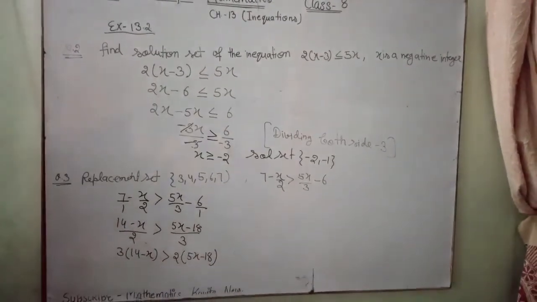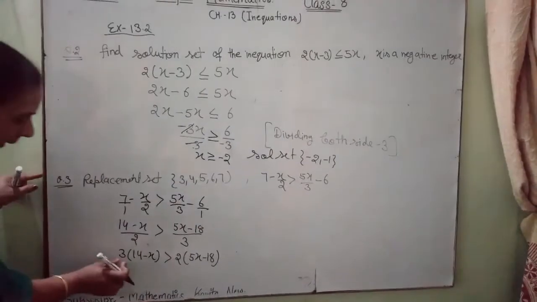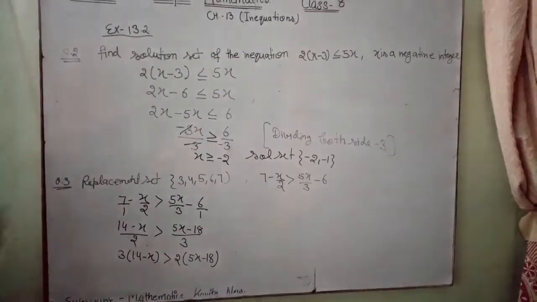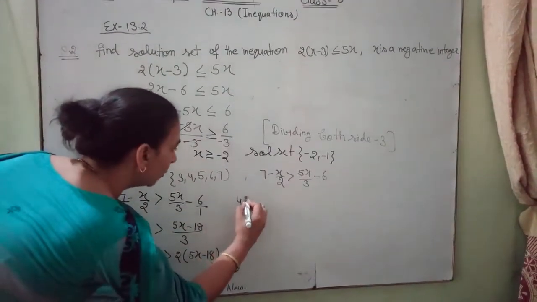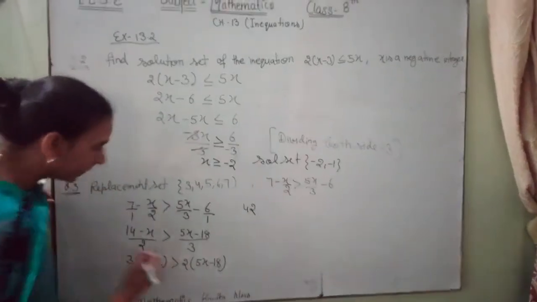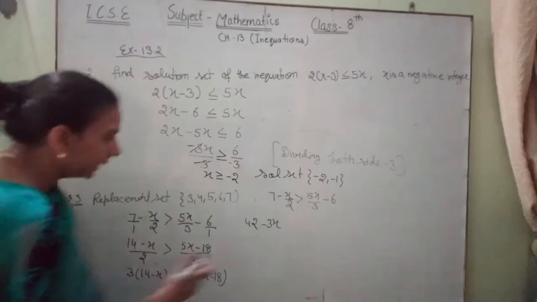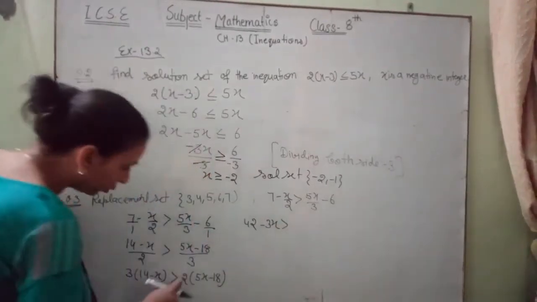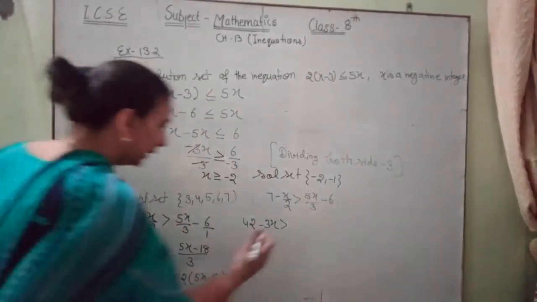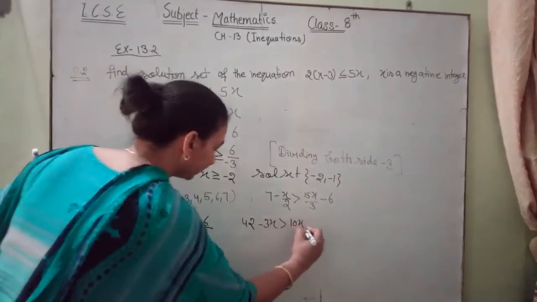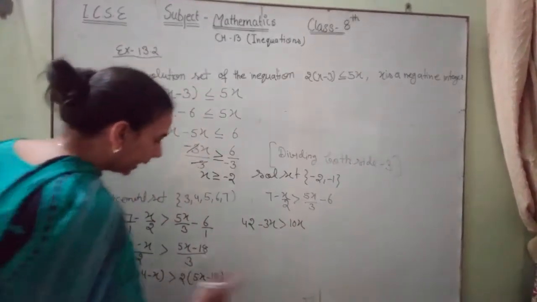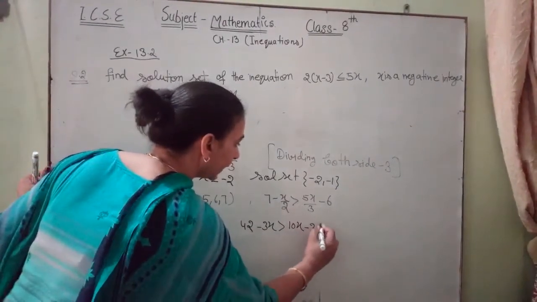Okay student, we solve this bracket. 3 multiplied by 14 is 42, 3 multiplied by minus x is minus 3x, greater than sign as it is, again 2 multiplied by 5x is 10x, 2 multiplied by 18 is 36.